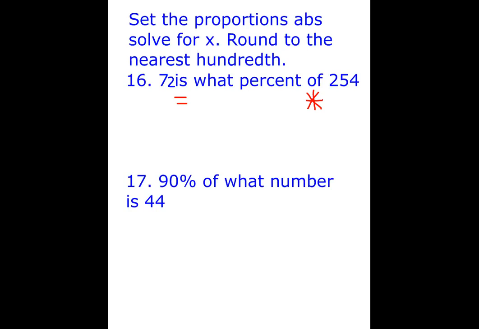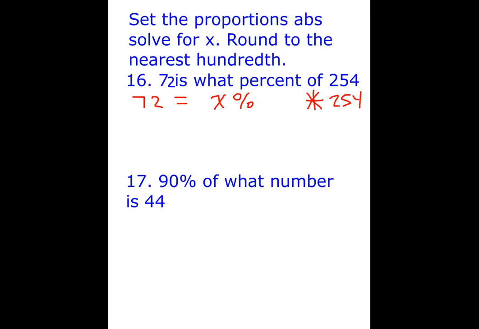And of course, we want a percent. What percent? We're just going to input our variable x percent, because that's what our answer wants to be. And we're just going to bring down our numbers. 72 is what percent of 254? Now we can solve our problem.